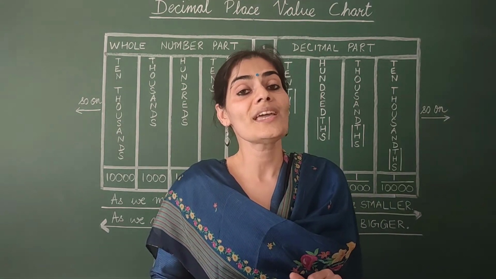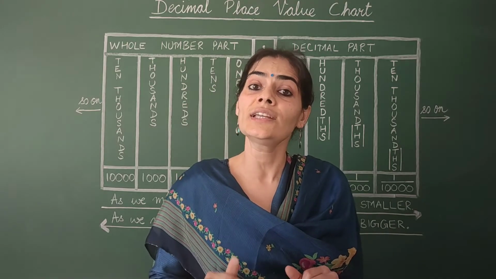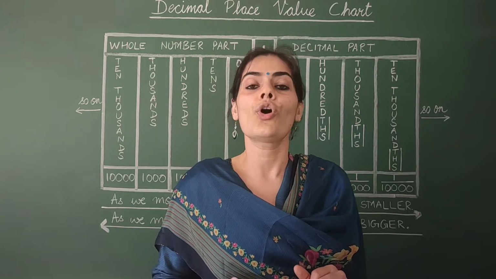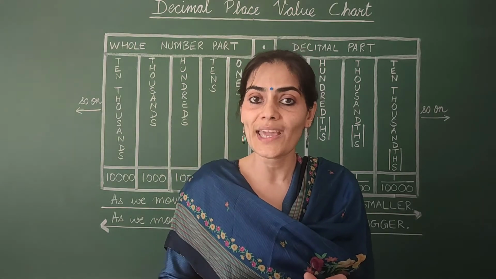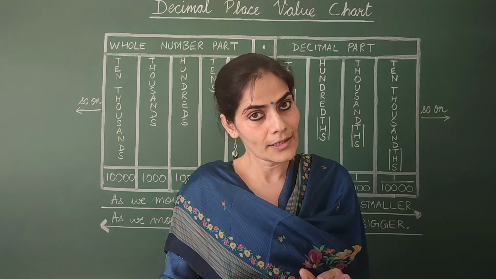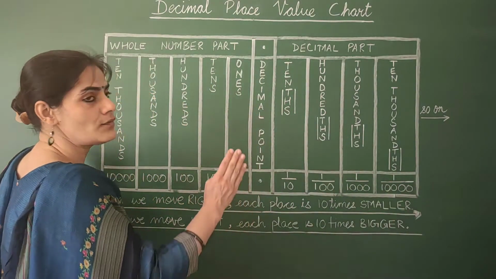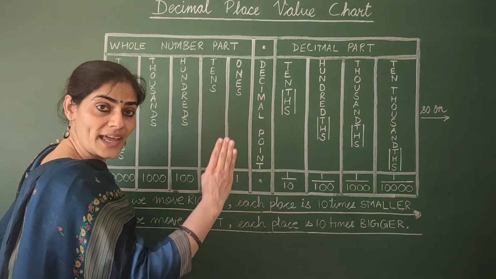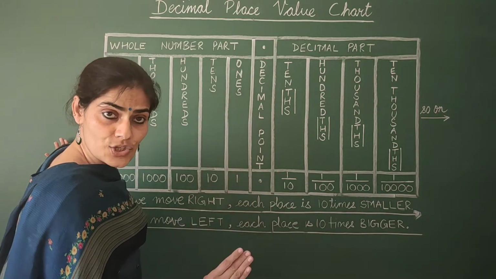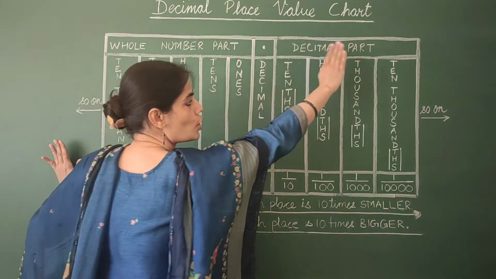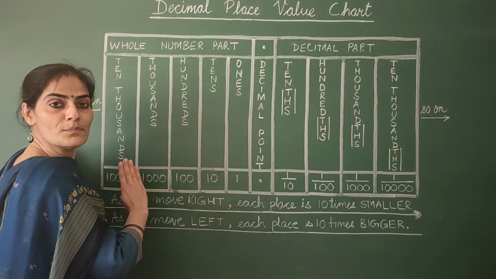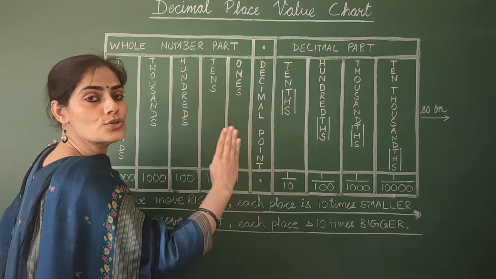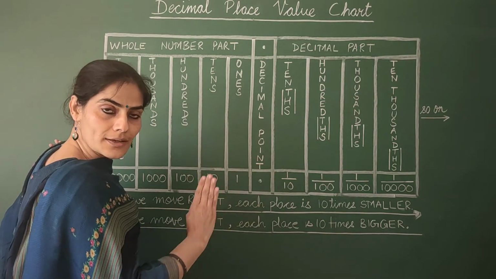Place value is the value of a digit in a number according to its position or according to its place. Is it clear? So, that is why when we are given a decimal number and to find the place value of a particular digit, we need to have knowledge about this decimal place value chart. Then only we will be able to answer the questions correctly.